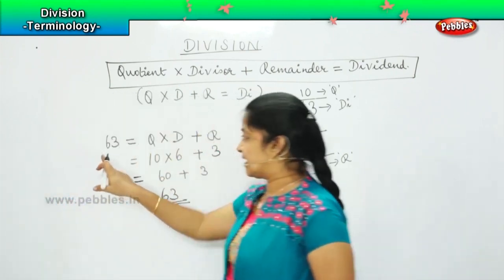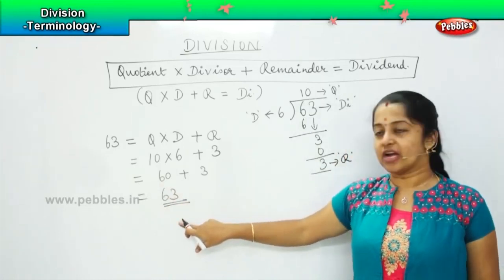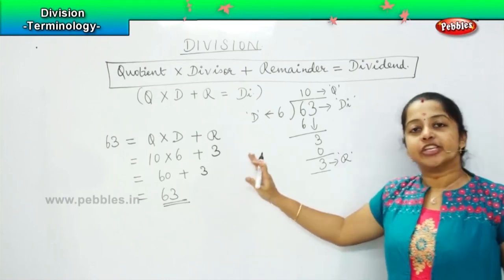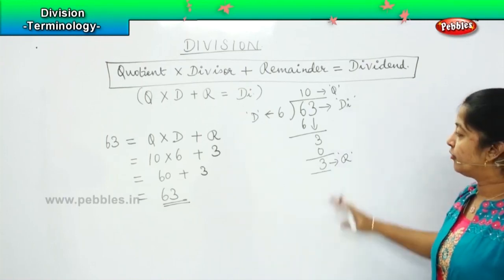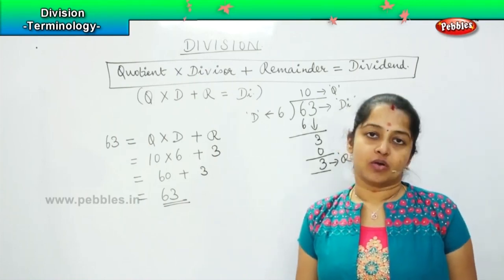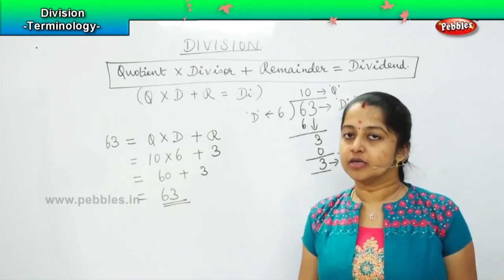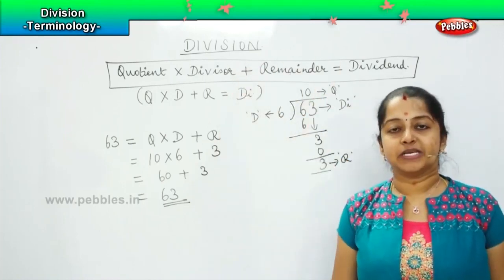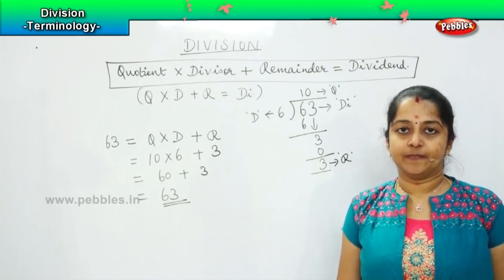So which means the answer which I got after verification is right. Okay. So this is the method which you will be following in order to find out whether the quotient obtained is right or wrong. Is it clear, children? So please keep this formula in mind, because this formula will help us solve our questions in the future.